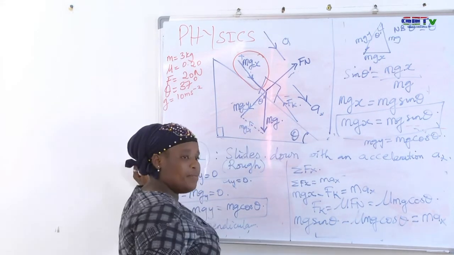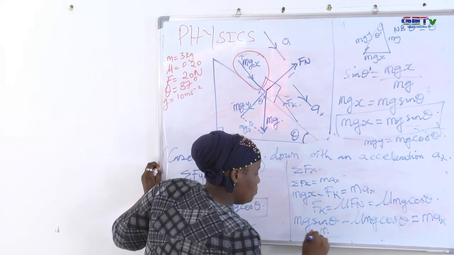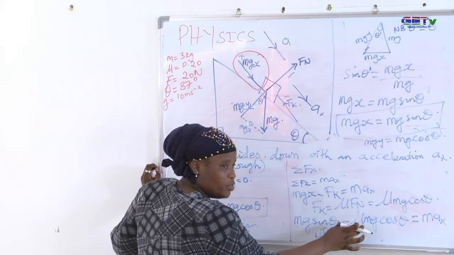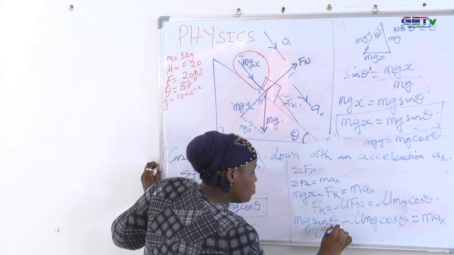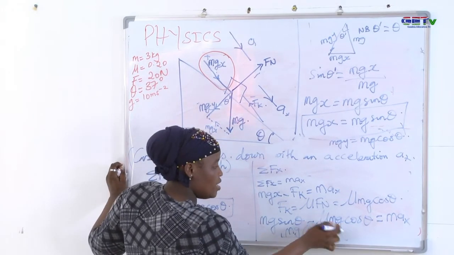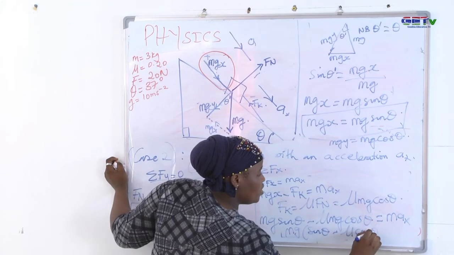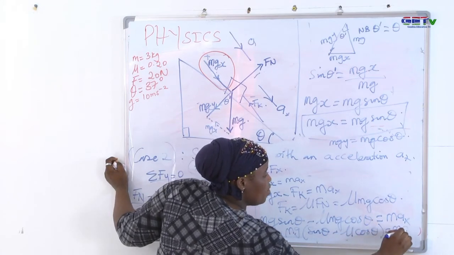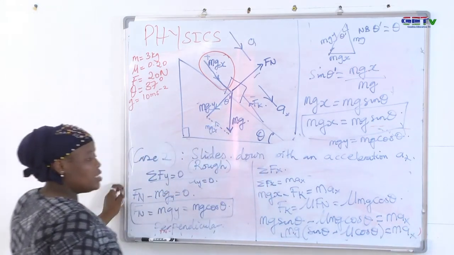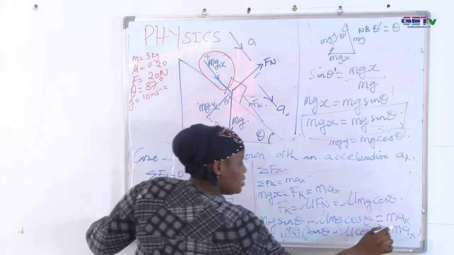Where is common? m is common. And that gives us m. On this side, g is also common, so this will be mg into sine theta minus, g is already factored out, mu times cosine theta, equivalent to ma_x. m is on both sides of the equation, so we can eliminate that. m cancels m.